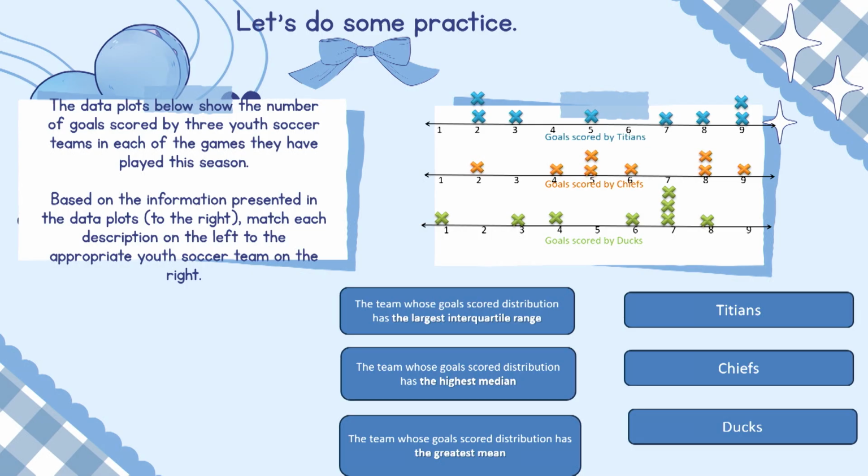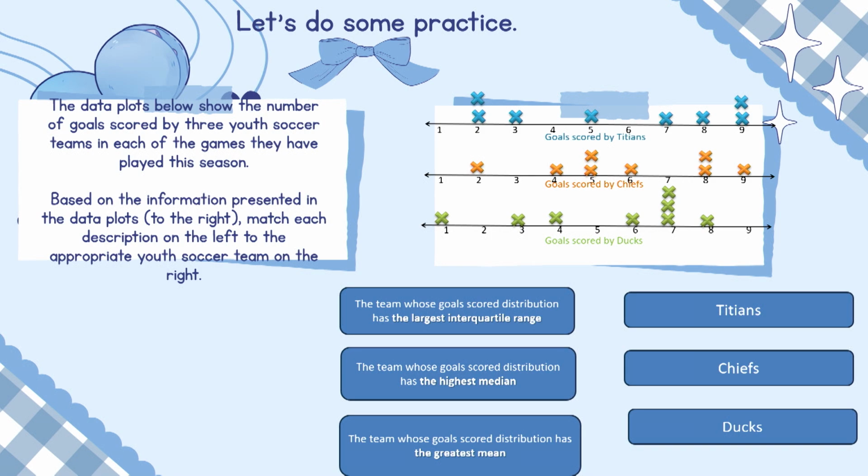Remember, you're putting it in your statistics key. You're doing your edits. You want to make sure that you always clear your list. And then you want to put in exactly what we're looking for. So for our Titans, you have 2 2s. You have 1 3, 1 5, 1 7, 1 8, and 2 9s.